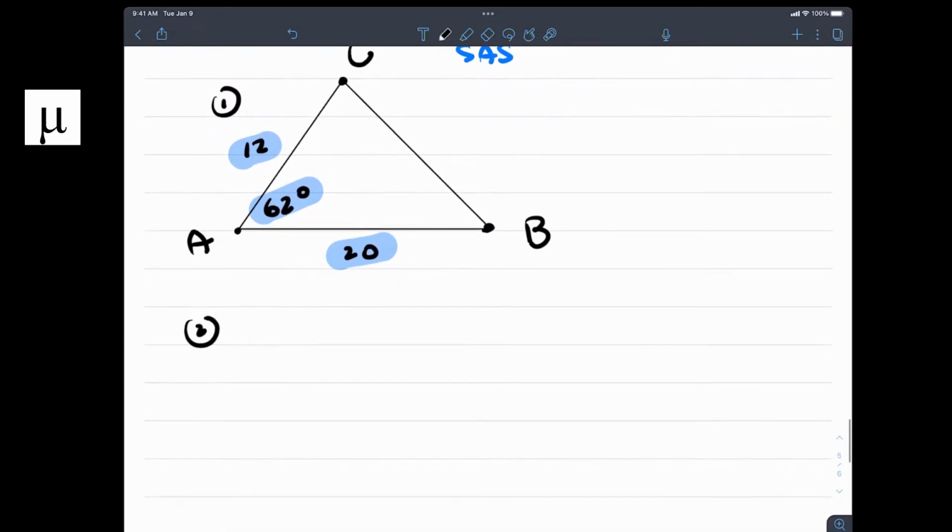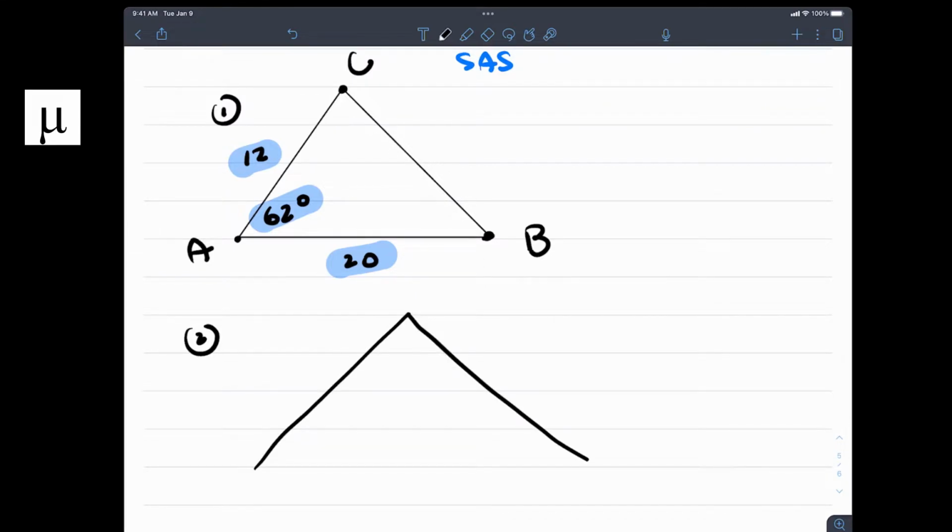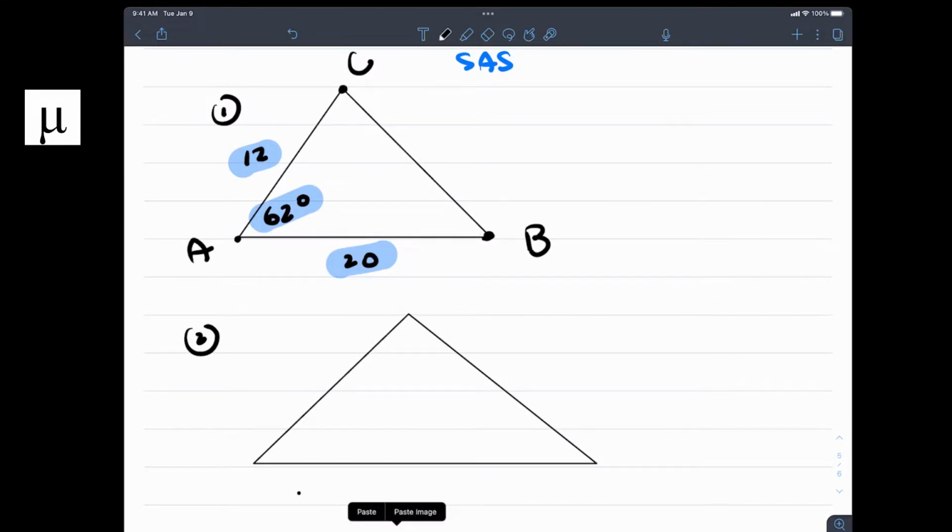And then for the second triangle, you're going to do the same. A, B, C. I have to find those.